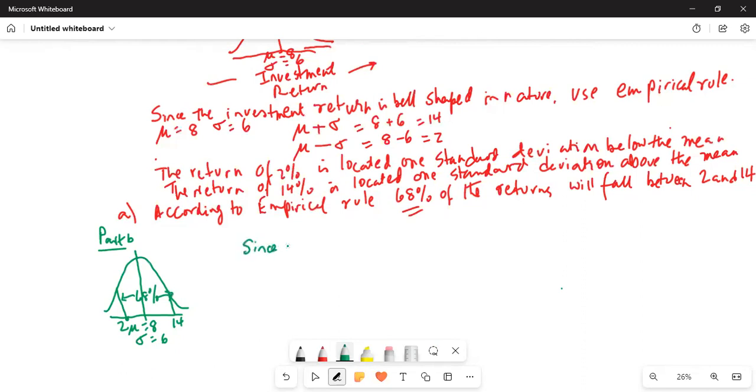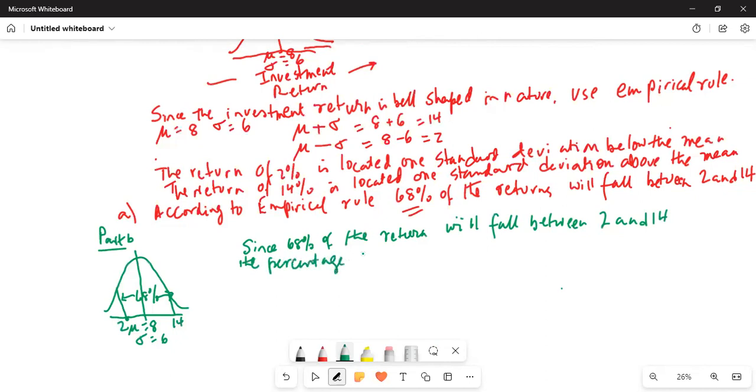Since 68% of the returns will fall between 2 and 14, the percentage of returns above 14 and below 2 is equal to 100 minus 68, which is 32.